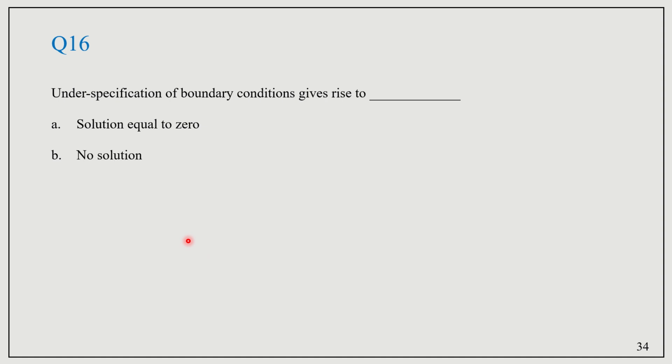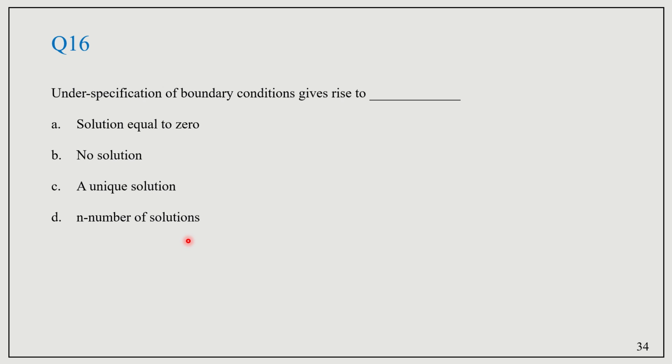Option B, no solution. Option C, unique solution. Option D, n number of solutions. So what is happening? We are giving boundary conditions in the systems. If we are under specifying the boundary conditions than is required, what will happen?